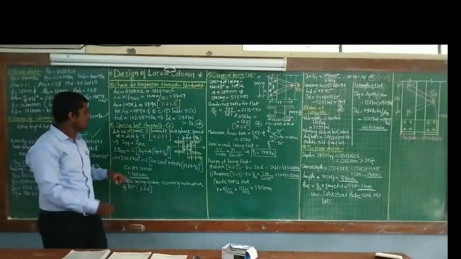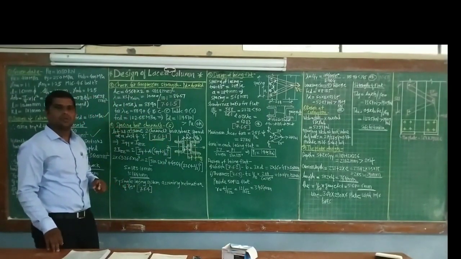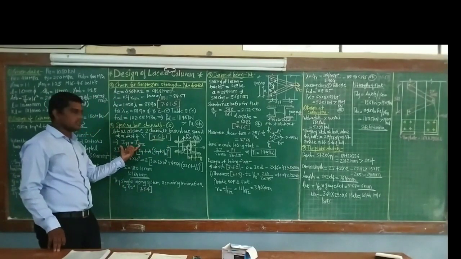This is the meaning of clause 7.6.1.1. So according to that clause, the radius of gyration and moment of inertia about both axes will be equal.